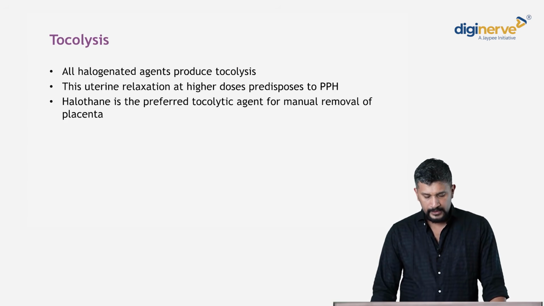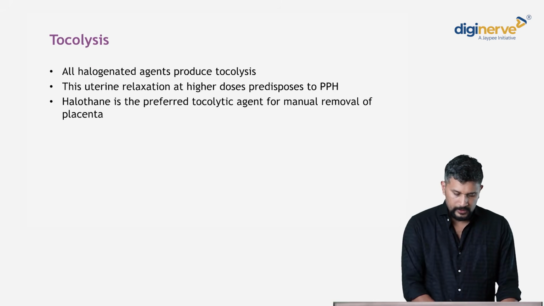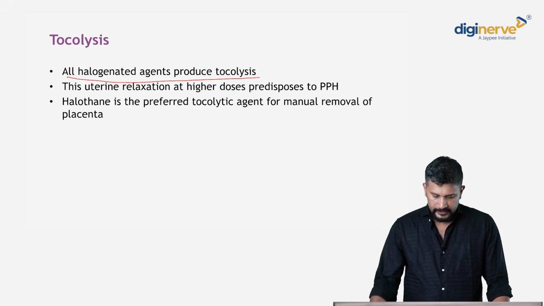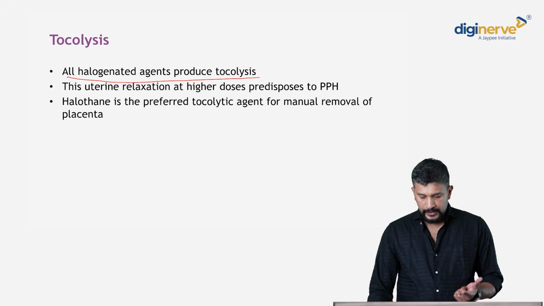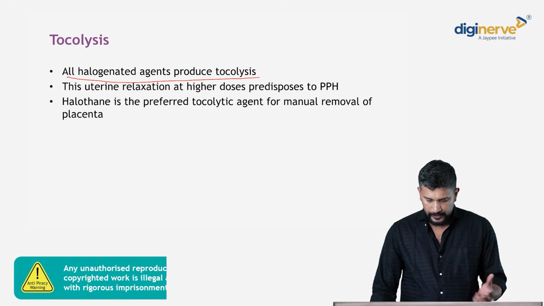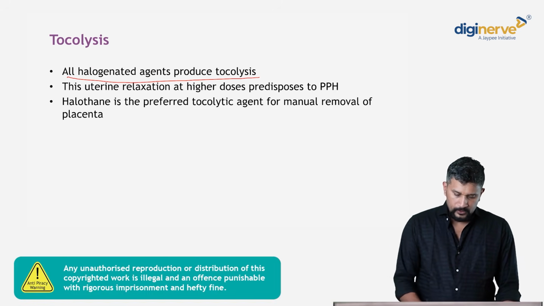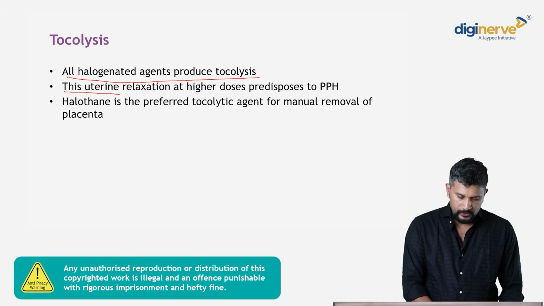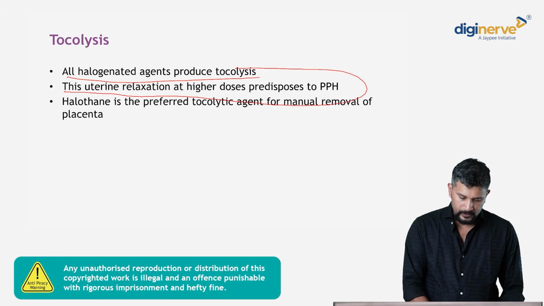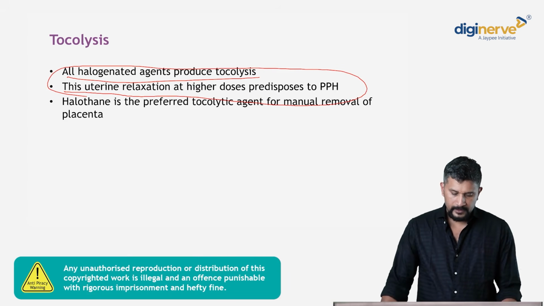All of the halogenated agents tend to produce a dose dependent tocolysis or a dose dependent reduction in the uterine muscle tone. So this includes your halothane, enflurane as well as isoflurane. And this uterine relaxation at higher doses, however, tends to predispose the patient to postpartum hemorrhage.